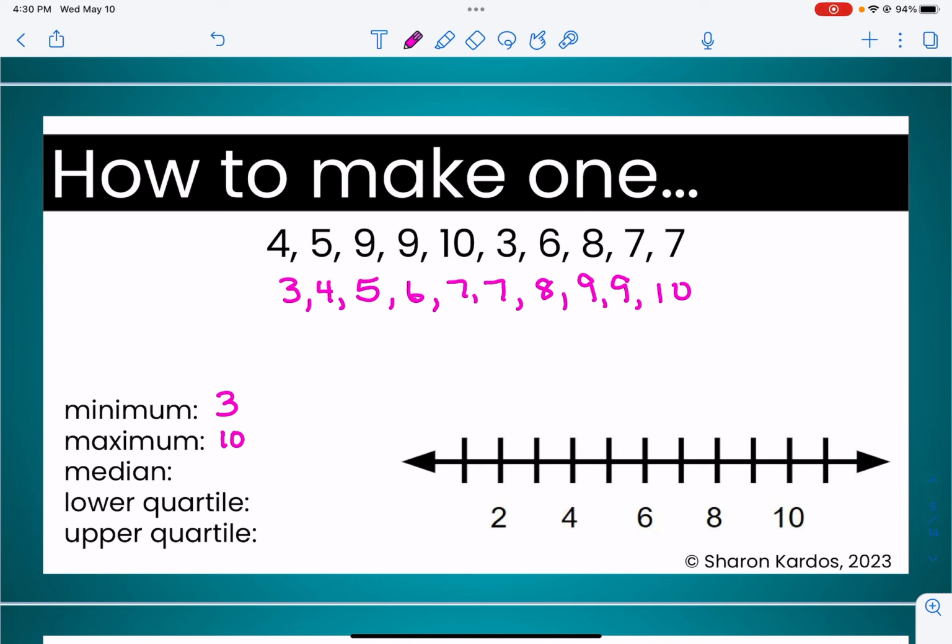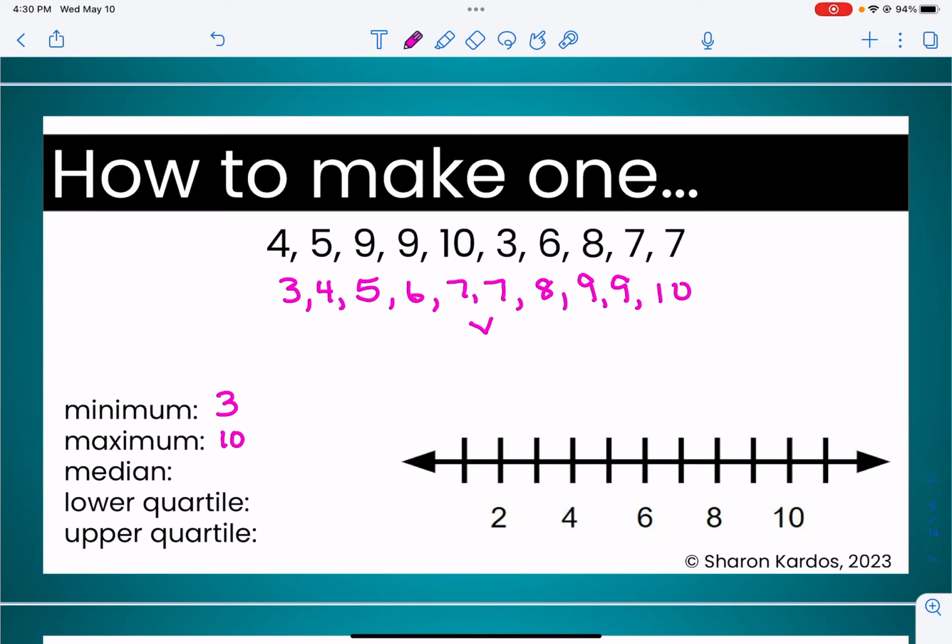The median is the number that's in the middle. Once we have put them in order from smallest to biggest, it's the number that's in the middle. Or if you have 2 numbers in the middle, like in our case here, we have 10 numbers, so that is an even number. That means I have 2 numbers in the middle. The 2 numbers in the middle are 7 and 7.